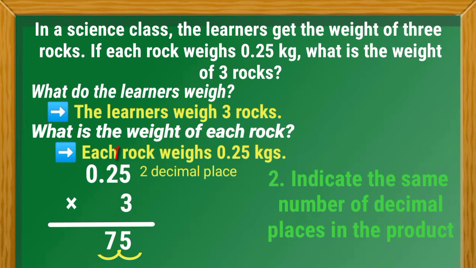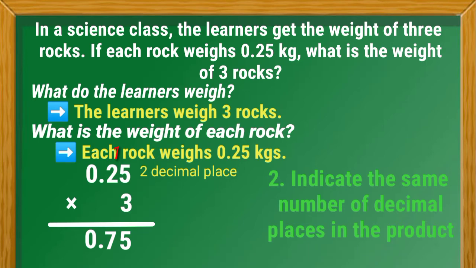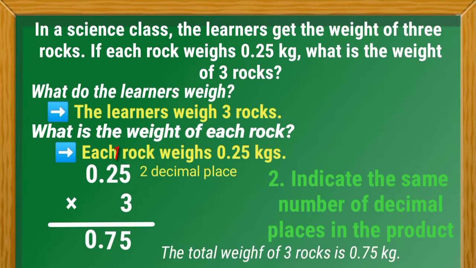So, 25 hundredths times 3 equals 75 hundredths, since we count 2 decimal places from the right going to the left and put the decimal point. So the total weight of 3 rocks is 75 hundredths kilogram.